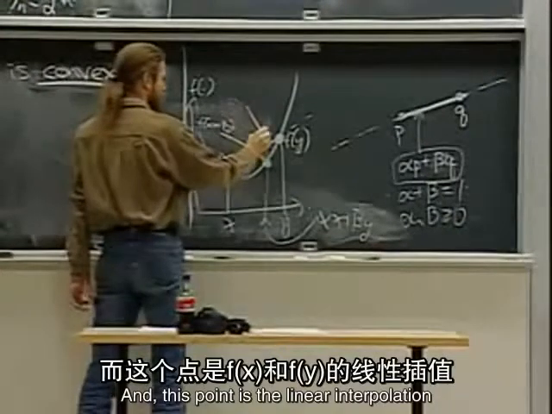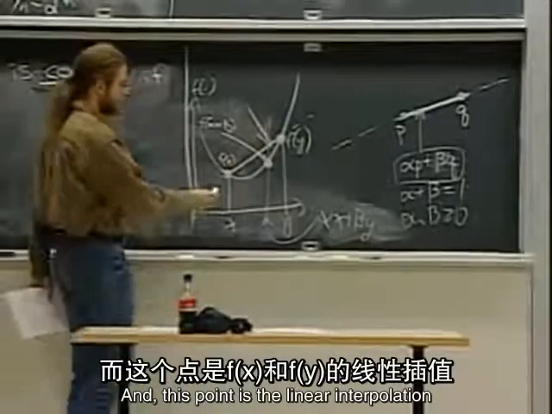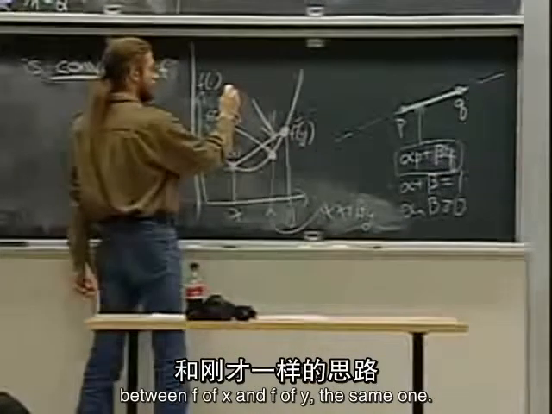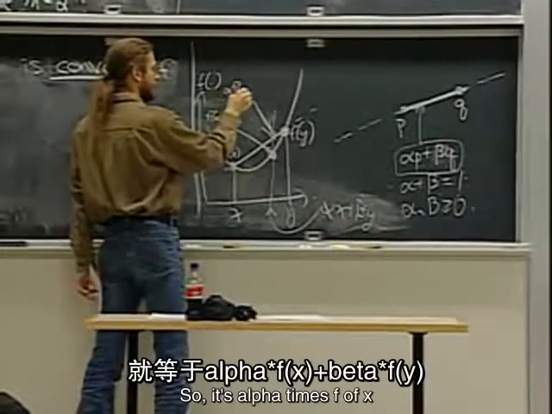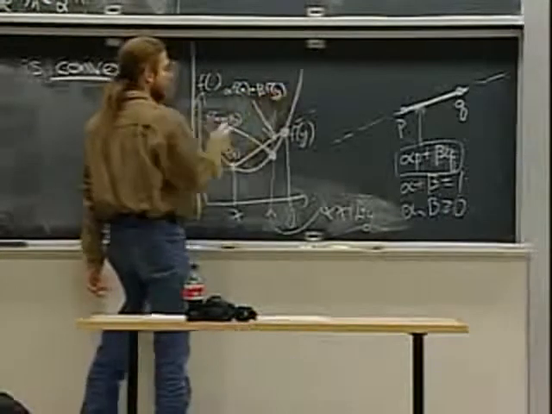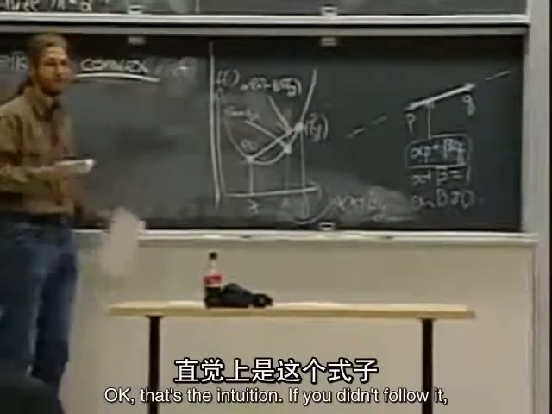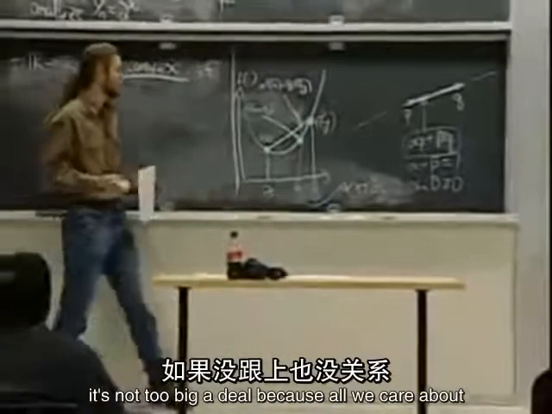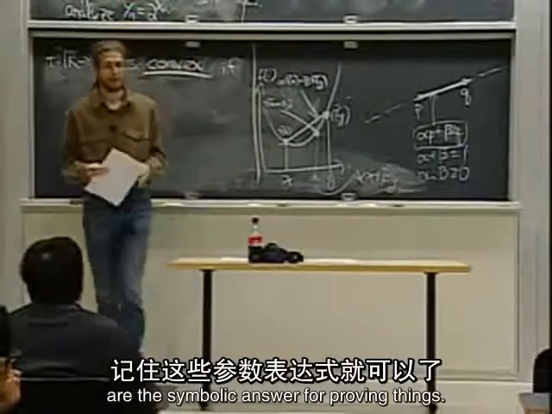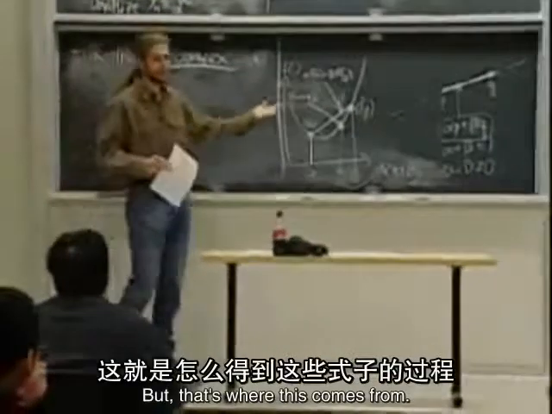And this point on the line segment is the linear interpolation between f of x and f of y, so it's alpha times f of x plus beta times f of y. That's the intuition. If you didn't follow it, it's not too big a deal, because all we care about is the symbolic answer for proving things. But that's where this comes from.